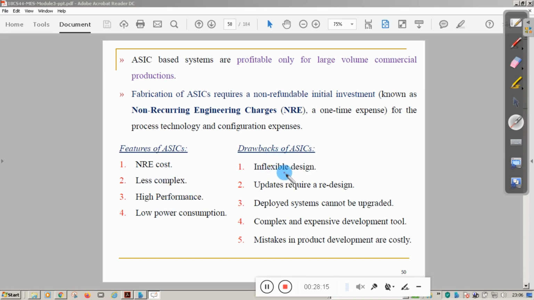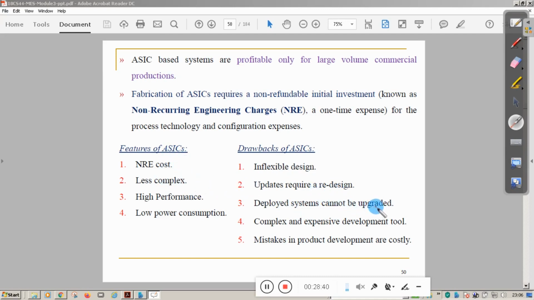Then the drawback is inflexible design. This design is meant for a particular application, so it cannot be flexible. Updates require redesign. If I need to update it, then I need to redesign it. A deployed system cannot be upgraded. For example, if I adopt this in a particular design, that design cannot be upgraded.